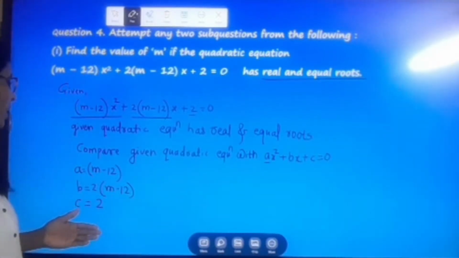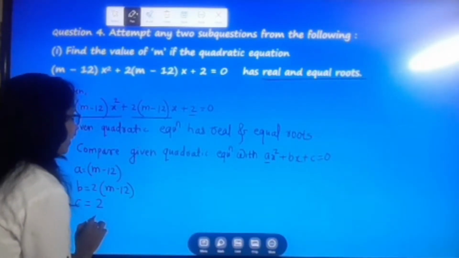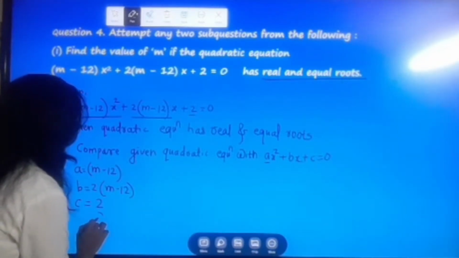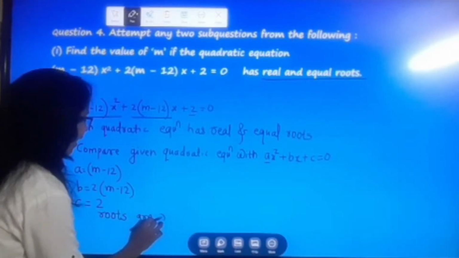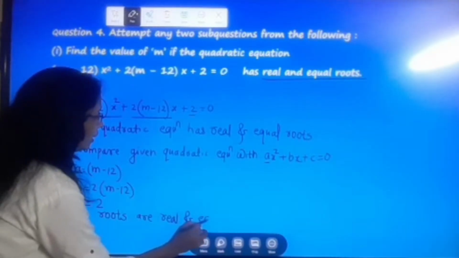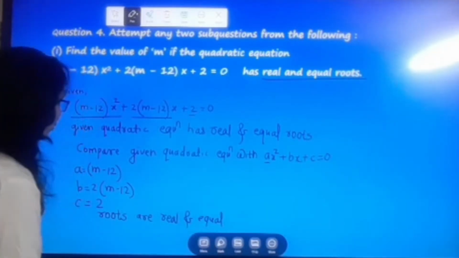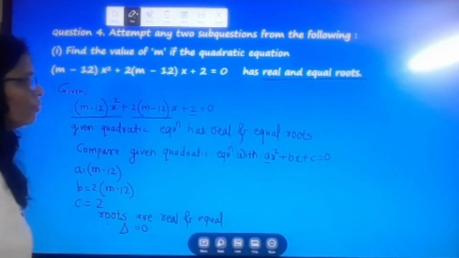That means discriminant should be equal to 0. So here I write down that roots are real and equal. Therefore delta is equal to 0.